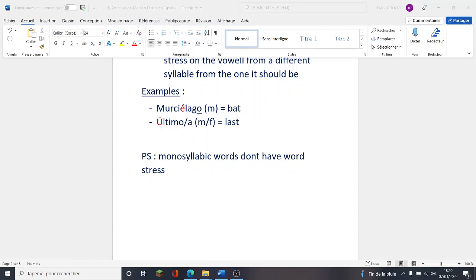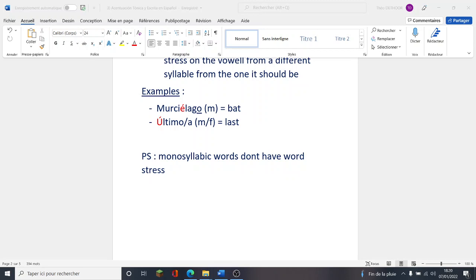An extra piece of information about monosyllabic words, words with only one syllable: those ones are not stressed. It's quite logical because there's only one vowel in them, so what would differentiate one vowel from another if you have only one vowel in the word anyway? So in Spanish, those are not stressed.